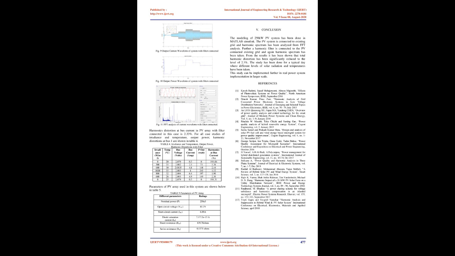On the y-axis in the waveform, the tick value for voltage 2.5 * 10^4 is assumed as 2.5 and so on. Harmonic distortion at bus current in the PV array with the filter connected in this case is 2.33%. For all case studies of irradiance and temperature, the output power and harmonic distortions at bus 1 are shown in Table 4.